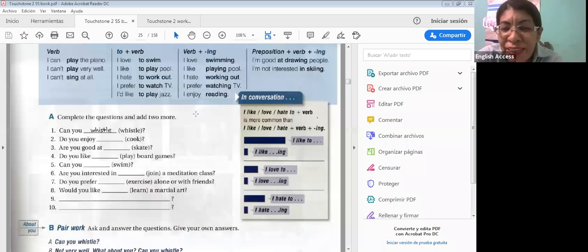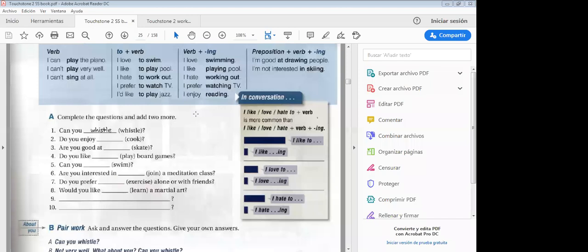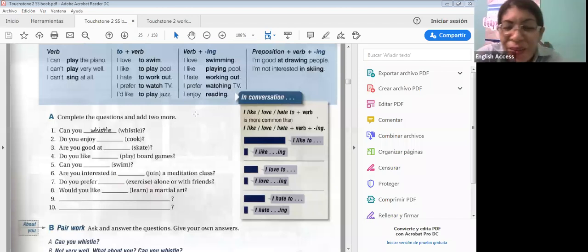Do you like? To play or play? Yes, correct, Mauricio. Number 5, Jesus, this is very easy. Number 5. Can you swim? Yes, can you swim? Number 6, Luis, are you interested in?